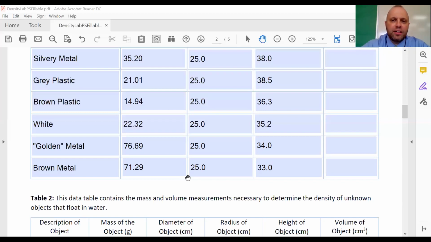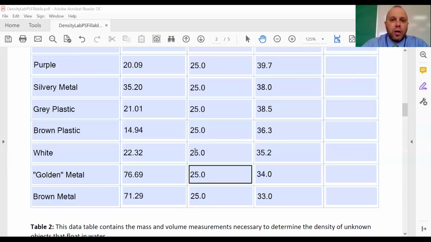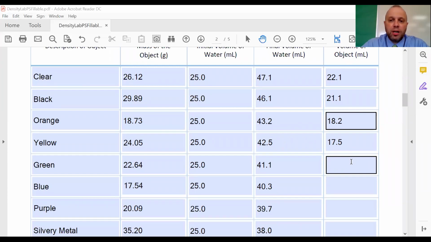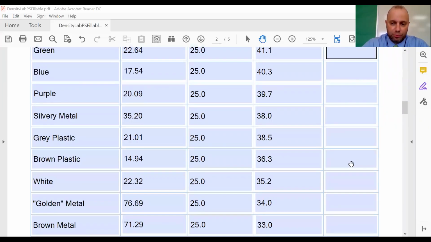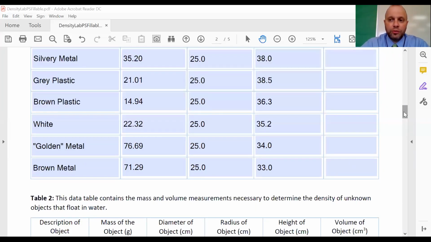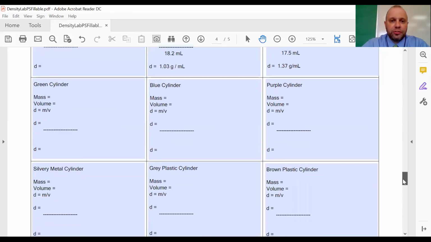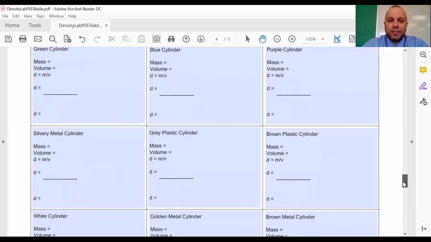Okay, I am back. We have completed our data table. So at this point, what I am asking you to do is to first calculate the volume of each of these objects by subtracting. Then once you have done that for each of the objects, you're going to go down here and complete this table by inserting your mass, volume, and then completing the calculation.